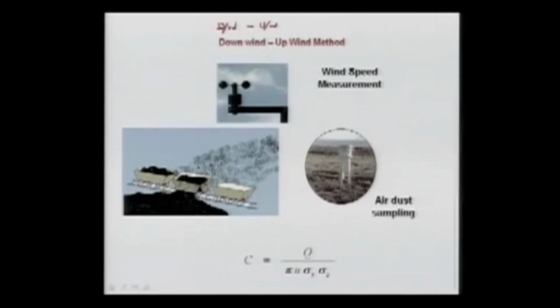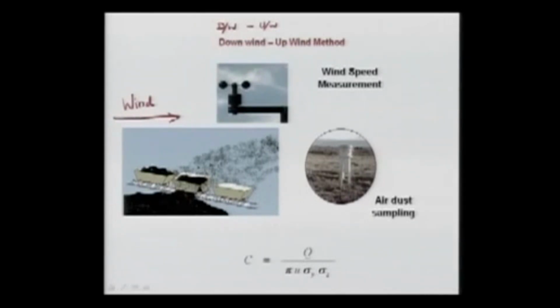So what you see here is that the emission is occurring, not quite vertically, but as a horizontal emission. So what you do here with the source, suppose the wind is blowing like this, and you are measuring the dust.